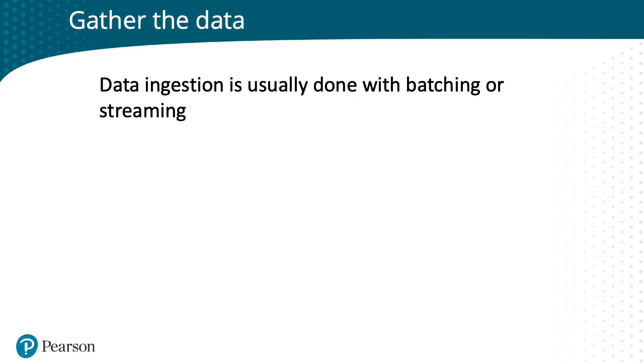So when we ingest data, that's usually done with some type of batching scripts that get run at a set interval, or you might have streaming for your data ingestion. So as you get new data, it's immediately sent to your central source repo.